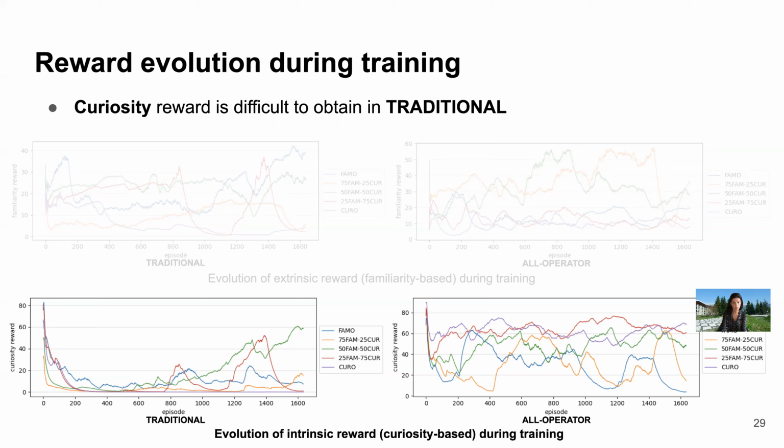So if you look at the bottom left corner here, we can see that in training, by using just drill down and roll up, the agent does not quickly get to explore the space.